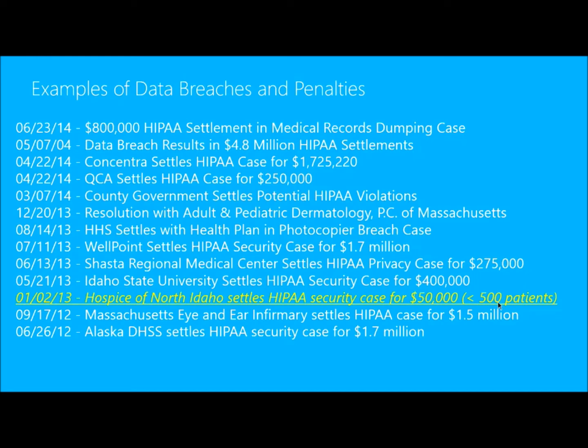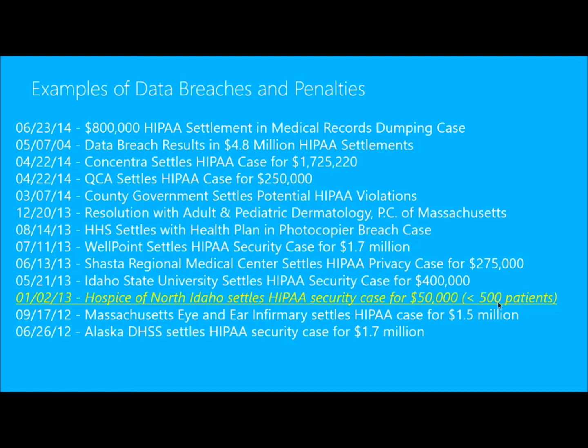I'm going to end with this slide that I typically end with in the previous webinars. It's an example of data breaches that have occurred. It's public information taken from the HHS website. I always highlight the one in yellow because it shows how important it is for small practices to pay attention.